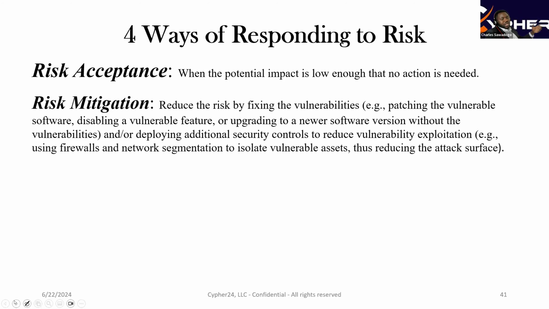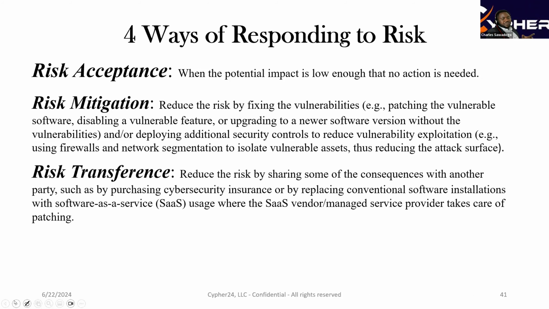That means we have to mitigate the vulnerability, or we're going to deploy additional compensating controls to reduce the vulnerability exploitation likelihood, or use a firewall and network segmentation to isolate vulnerable assets, thus reducing the attack surface. It means we are mitigating the risk, we are fixing the risk, and we are reducing the risk, right?